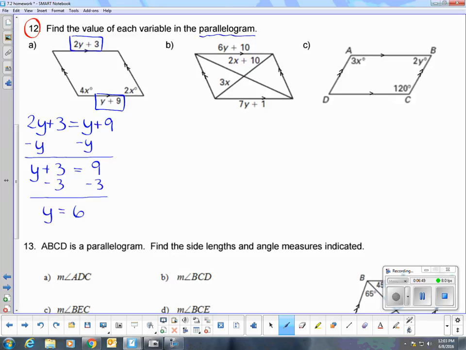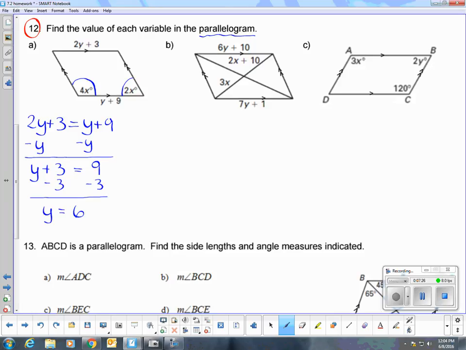Also in this diagram in part A, we need to find the value of x. We know this angle is 4x. We know this angle is 2x. And one of the properties of a parallelogram is that consecutive or next door neighbor angles, angles that are next to each other, in a parallelogram are supplementary, which means they add up to 180 degrees.